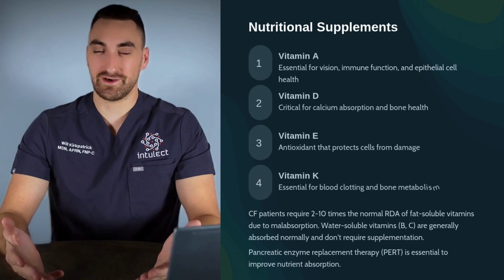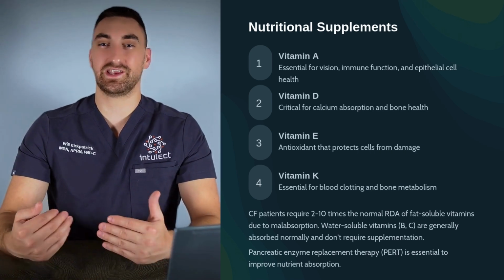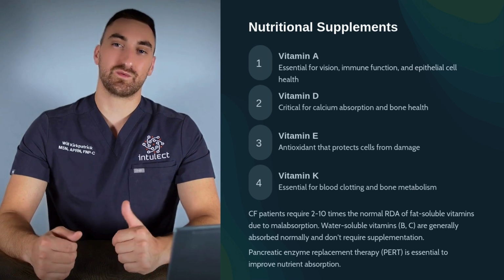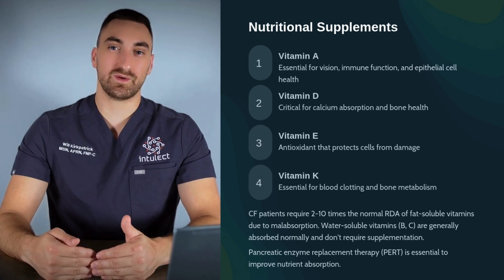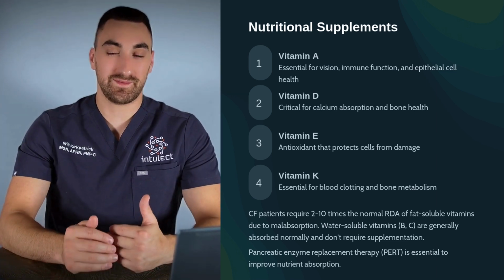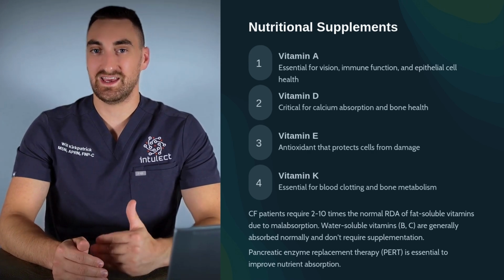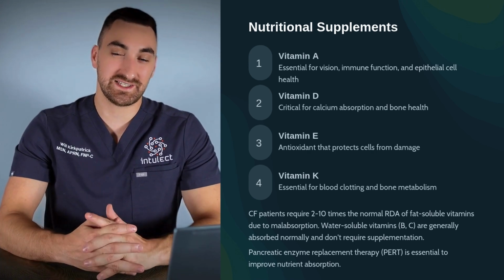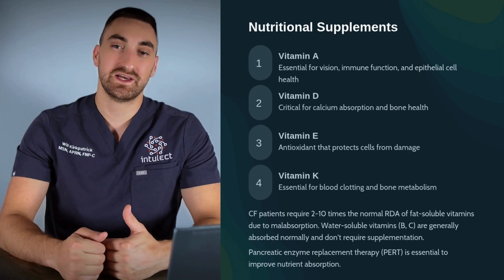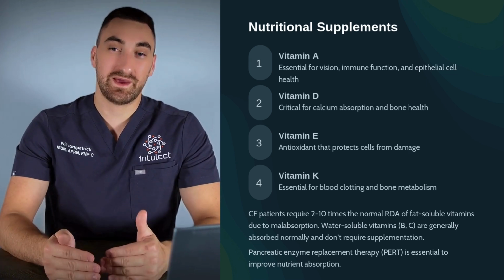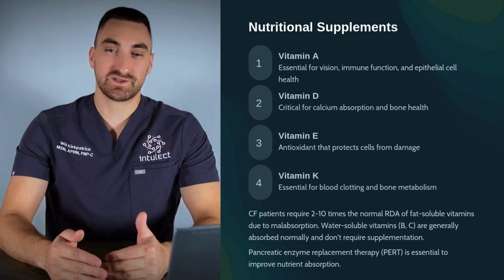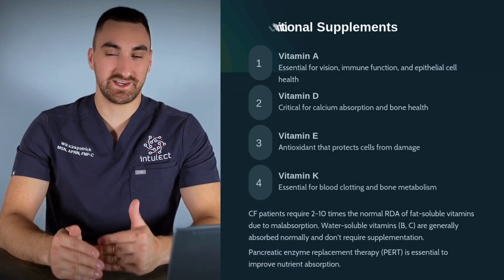Now, for the pancreas, we talked about how there's exocrine and endocrine issues here. So we're going to be supplementing with fat-soluble vitamins. That includes your vitamins A, D, E, and K. And the reason for that, once again, is because of our inability a lot of the times to excrete lipase into the digestive tract. So this will help break down those fats in the digestive tract.